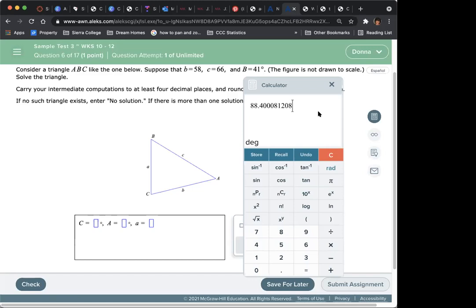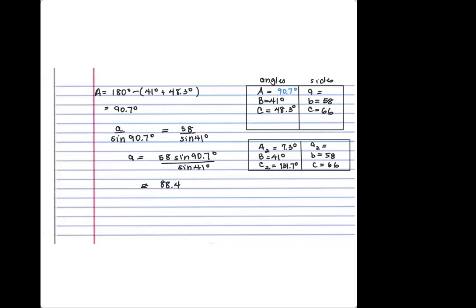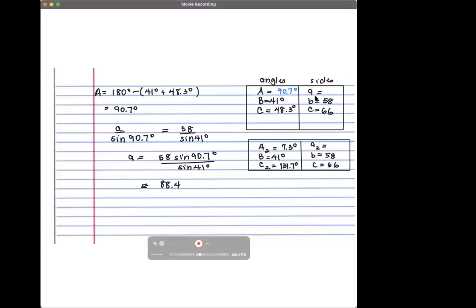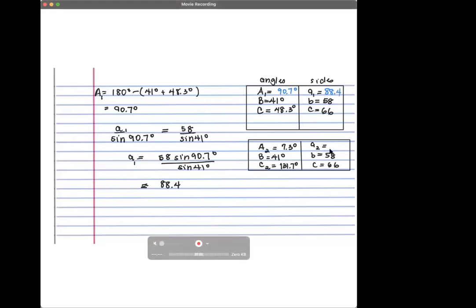So I've captured that on my iPad, and that's finding that first value of A. So we could call that A1, so A1 is going to be 88.4. Now we need to find the other A. So we're going to do the same thing again.